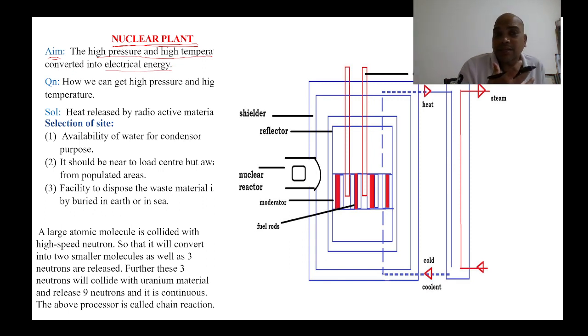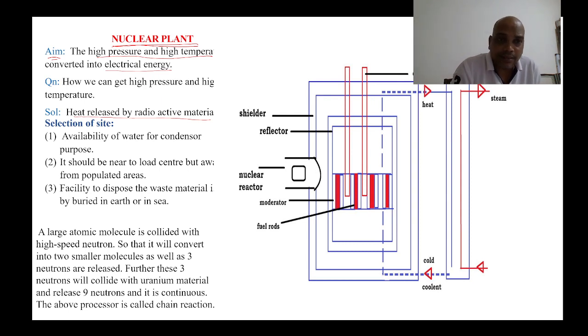So how will you get high pressure and high temperature? How will you get more amount of heat? That we can obtain by radioactive material. So what is our target? We should generate more amount of heat with high pressure. Then it is useful for converting into electrical energy.